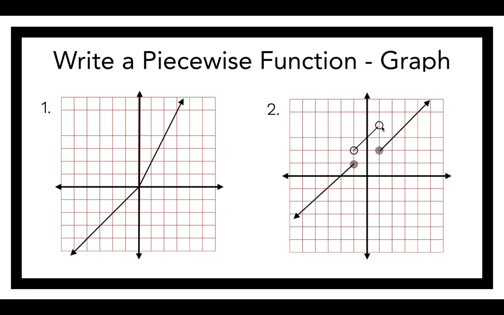And since those are open circles, we do not want to include the equal sign on those inequality symbols. And for my right bound function, I'm starting at positive 1, and I want all of the x values that are greater than that. So I want x greater than or equal to positive 1.